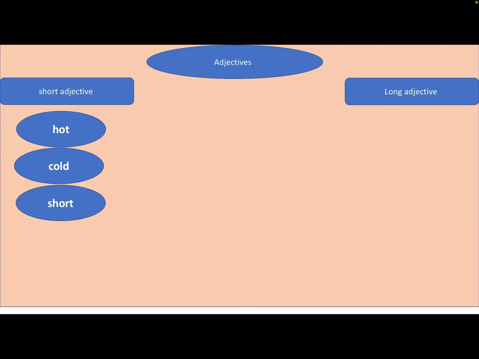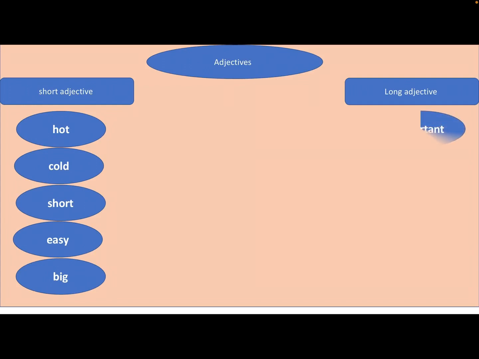Now it's time to talk about adjectives in particular. As I mentioned before, there are two kinds of adjectives: short adjectives and long adjectives. The short adjectives are like hot, cold, short, easy, and big.